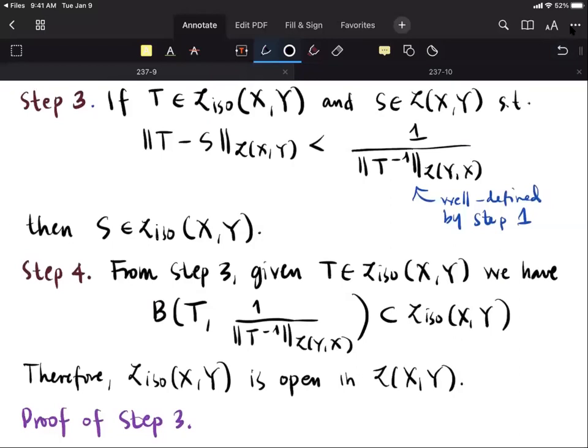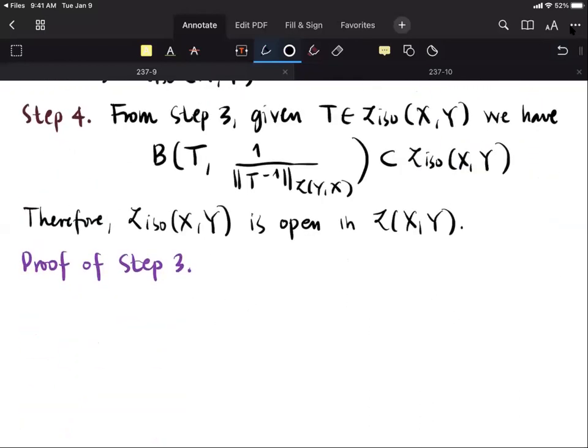So we show that S is an isomorphism, and for this, we can write S as follows.